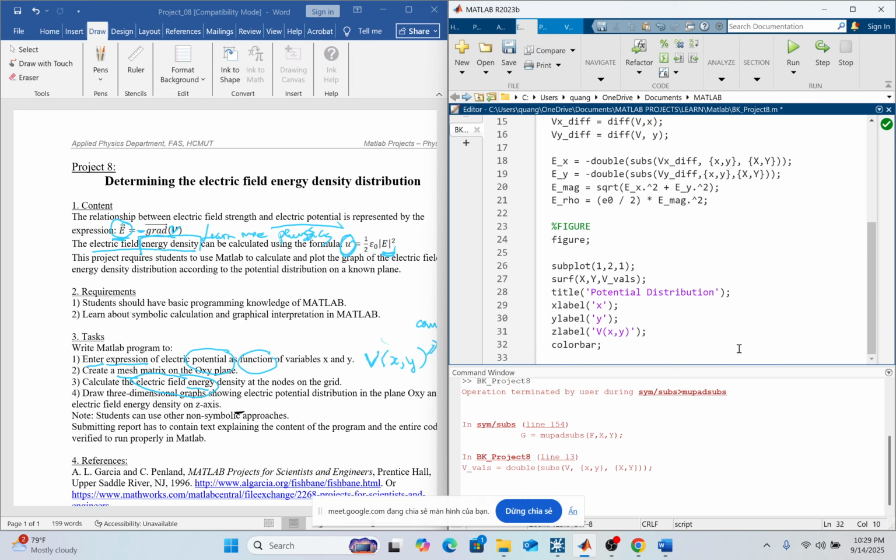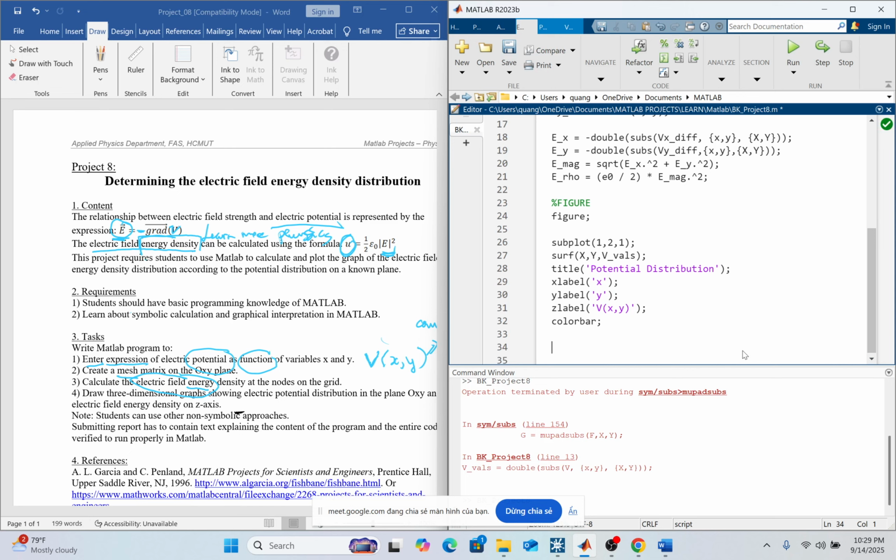And that's my potential distribution. How do I plot my electric field? Just the same. I will call subplot, and I would like window 1. My window has 2 graphs, and this is going to be graph number 2.